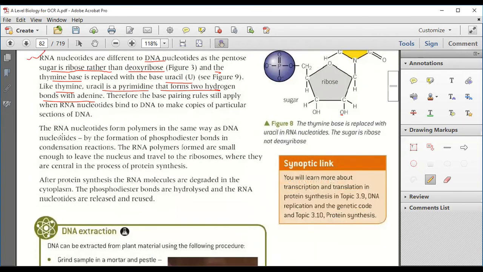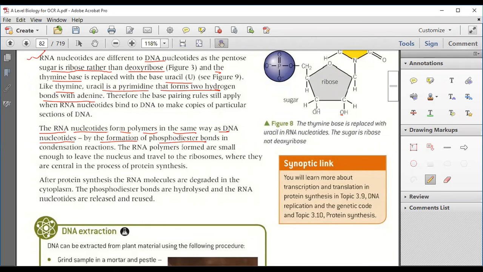Okay. Now, the RNA nucleotides form a polymer in the same way as the DNA nucleotides. As DNA replication takes place, in the same way RNA polymerization takes place by the formation of the phosphodiester bond.